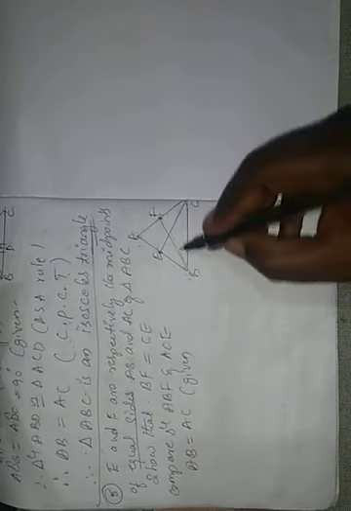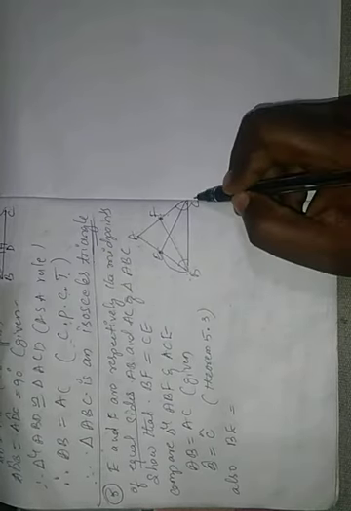Therefore, if the sides are equal, the angles are also equal by the theorem. So angle B is equal to angle C. Theorem 5.3: angles opposite to equal sides are equal, that is the statement.